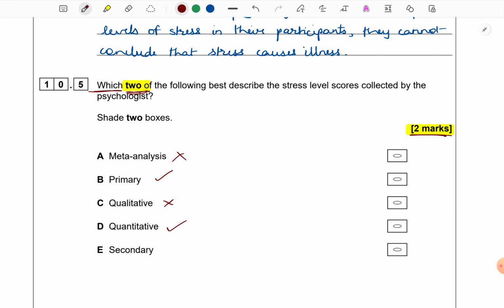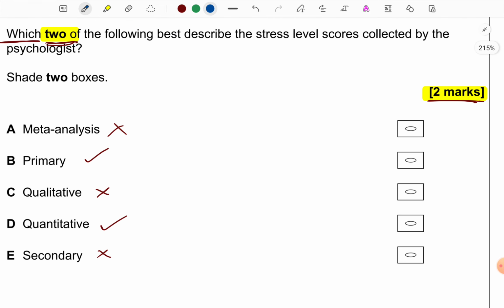In this study, there is no borrowing of data, there is direct collection of data from teachers. So it is certainly not secondary data. So now that finally we have two answers and we are very sure that these are only the two, we simply have to shade in the space given to us next to the alternatives.